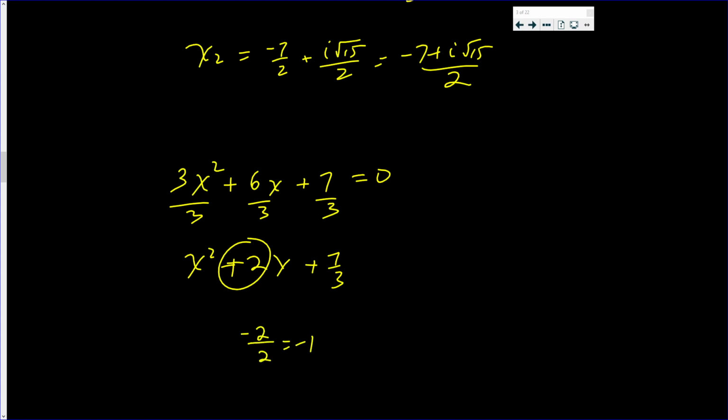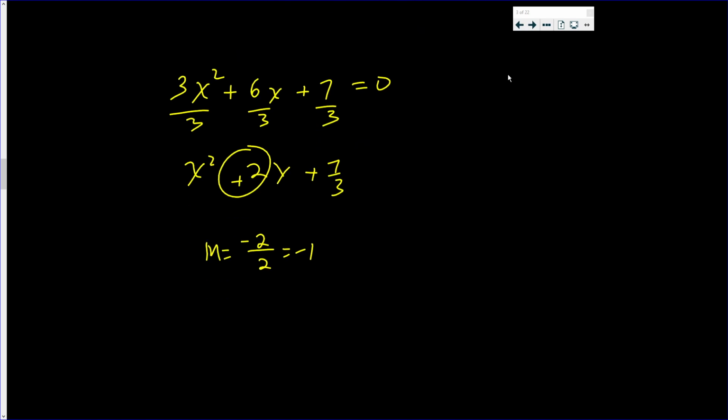You divide it by 2, you get negative 1. That is the midpoint. So one root will be negative 1 minus u. The other root will be negative 1 plus u. And that's the product of the two roots. Oh, that's going to equal 7/3.